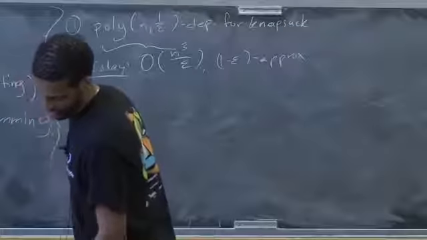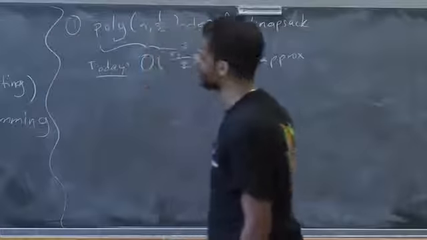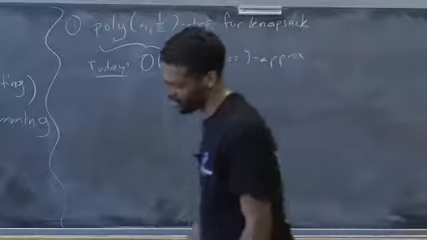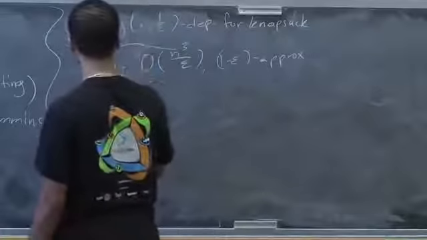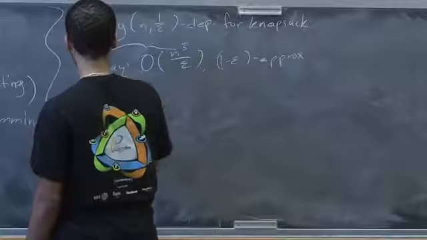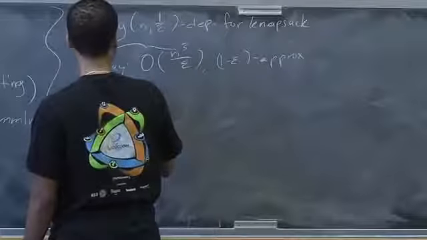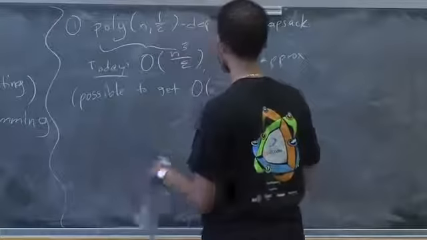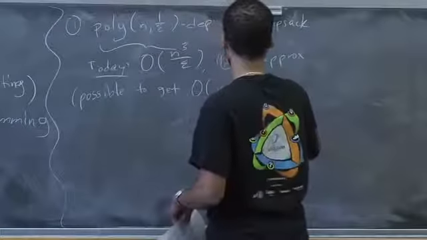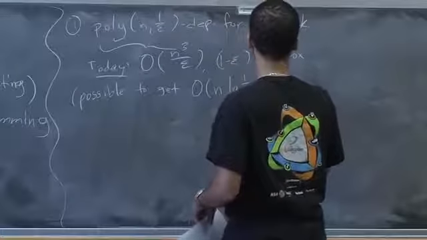I did some searching around to see what the best known bound was for knapsack. With a different algorithm, it's possible to get a running time of n times log 1 over epsilon plus 1 over epsilon to the 4th.